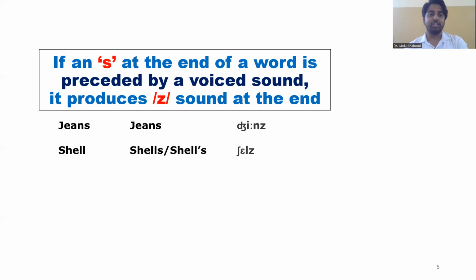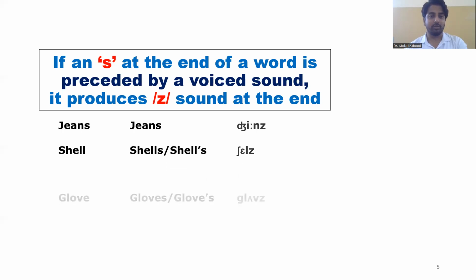Next, shell. Here you can see shells. In two cases it can become shells, in the case of plural and apostrophe. So again, s at the end is actually after l sound. So it is shells.